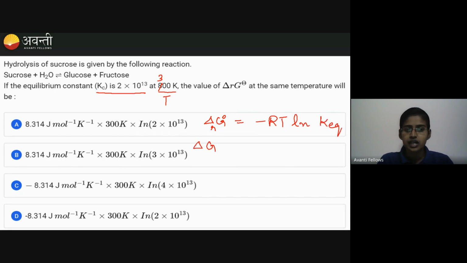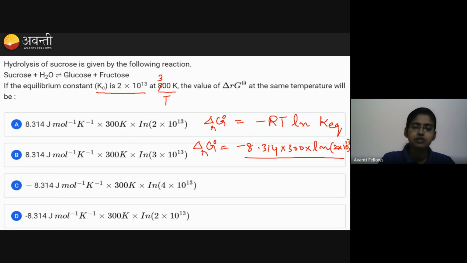So delta G R naught is equal to minus R, value is 8.314, and the temperature is 300, into ln equilibrium constant, which is 2 into 10 to the power 13. So this is given in option 4. All these are logarithmic functions, ln. So option 4 is the correct answer.